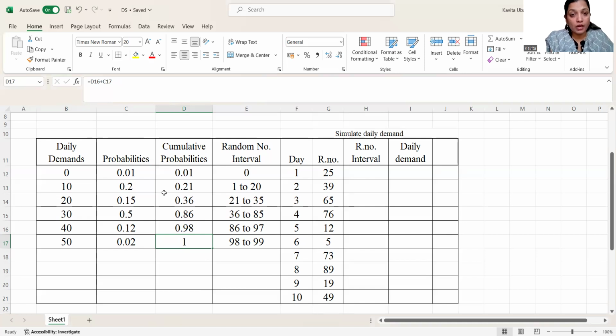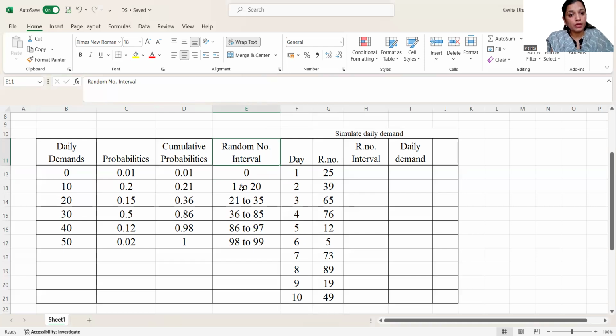After calculating cumulative probabilities, we need to write down random number intervals. It is already given in column E. So the random number intervals are 0 to 0, which means it is 0.